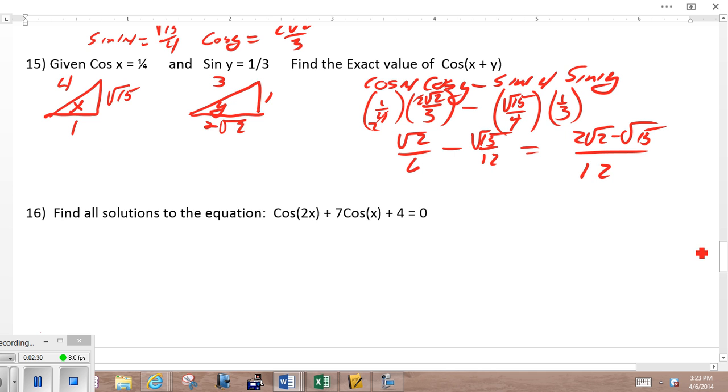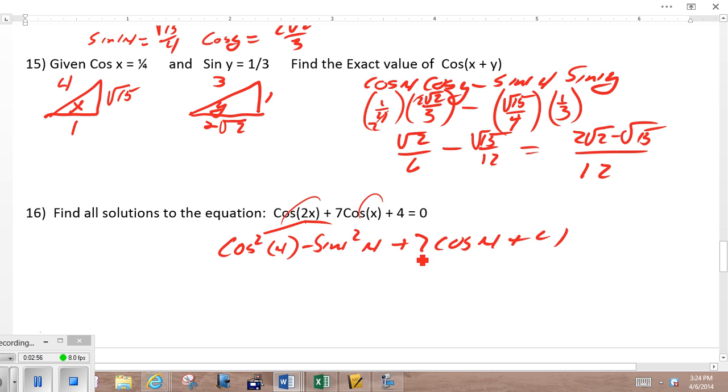That'll do it. Find all solutions. You can't solve this as it stands because this is a double angle and this is a single angle. So we need to resolve that, and that would be with the cosine double angle, which is cosine squared of x minus the sine squared of x. And since this is simply in terms of sine, we can rename that sine squared as 1 minus the cosine squared.